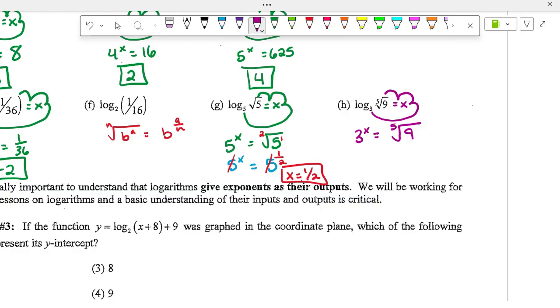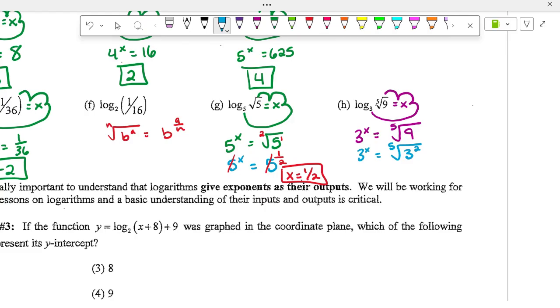Now, 9, we can change it to be a base of what? 3. All right, so I'm going to rewrite this as 9 being a base of 3. So I'm going to keep the 5th root. I'm going to write 3, and 3 to the what is 9? 3 squared is 9.